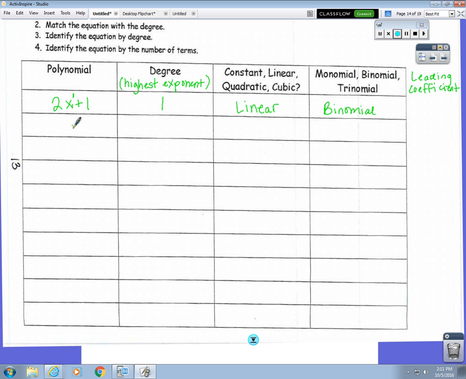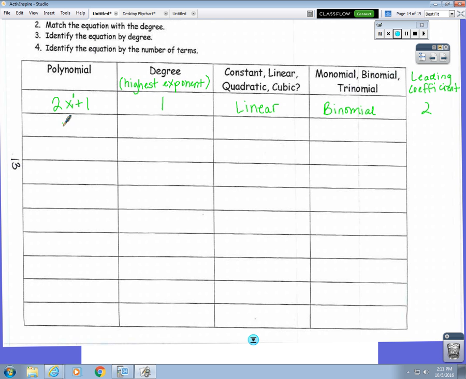So over here, what is the coefficient? 2, and isn't that the only coefficient in the whole problem? Because this one is considered a constant. Remember, numbers without a variable are considered constants. Numbers with a variable beside them are considered coefficients. So 2 is the very first coefficient you get to. It's the only one. So that's your leading coefficient for that one.